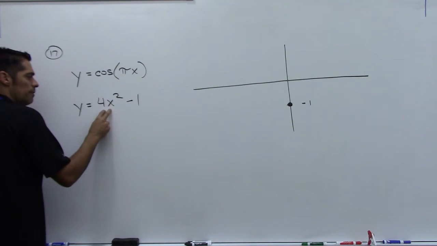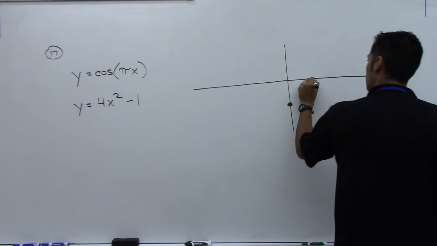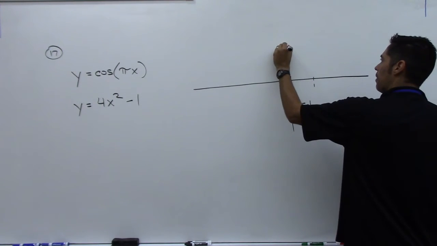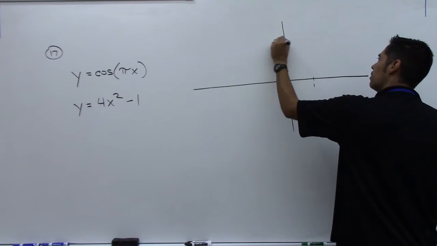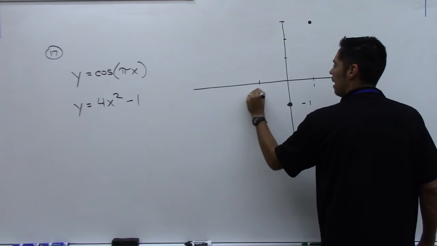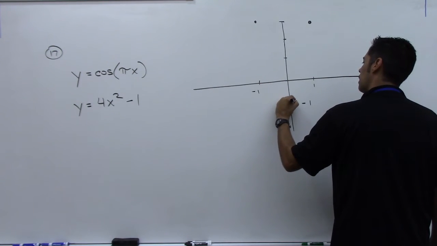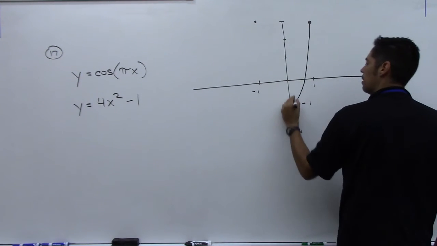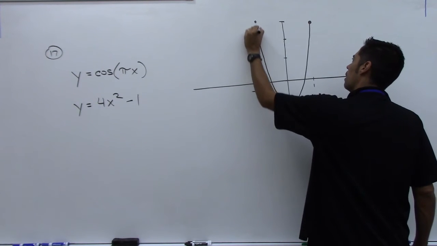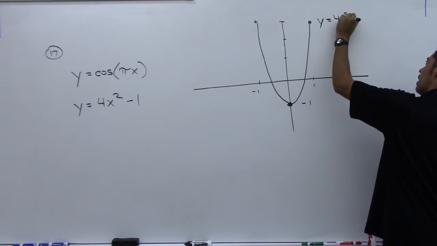If I plug in 1 for x, I'm going to get 3 for y. So at an x value of 1, I'm up here at 3 for y. If I plug in -1, the same thing happens. So I've got some parabola that does something like this. Okay, that's y equals 4x squared minus 1.